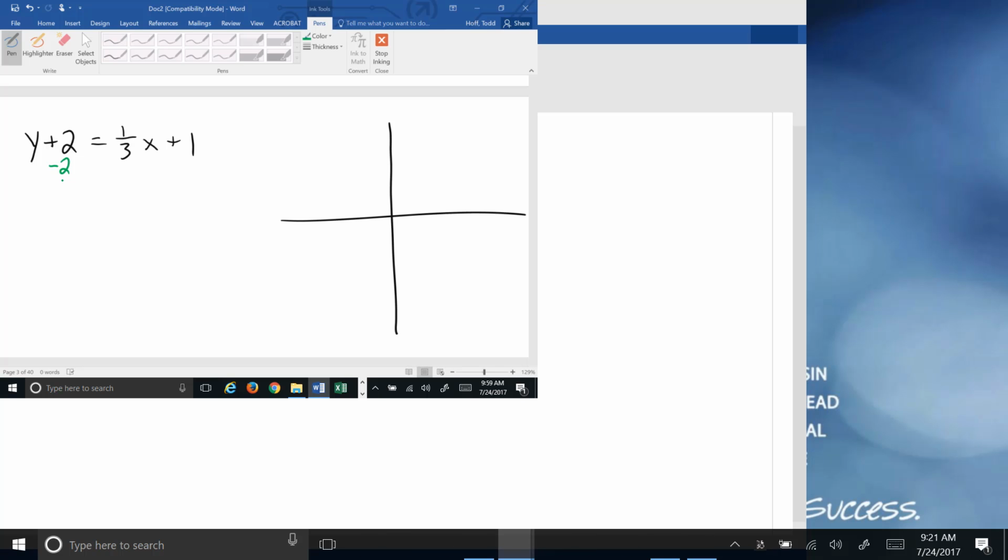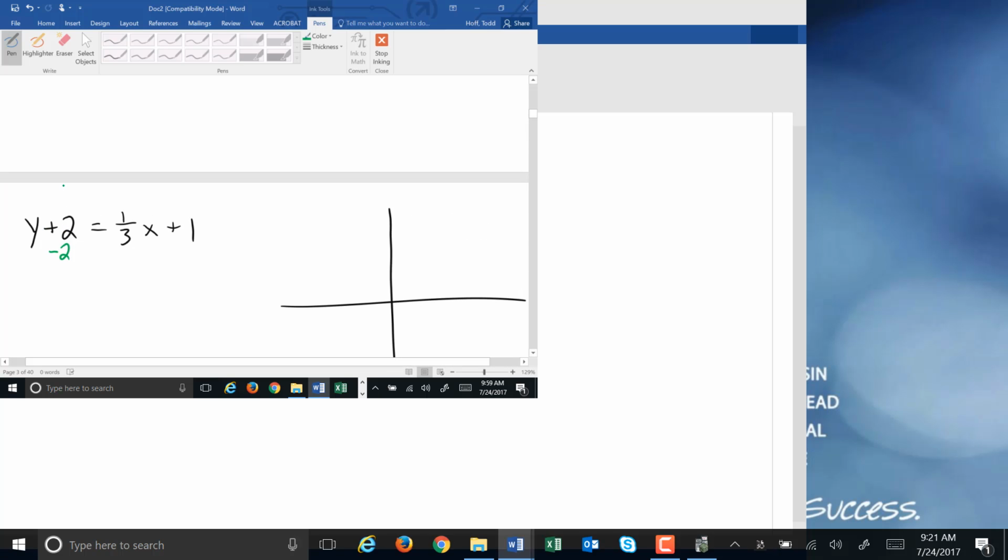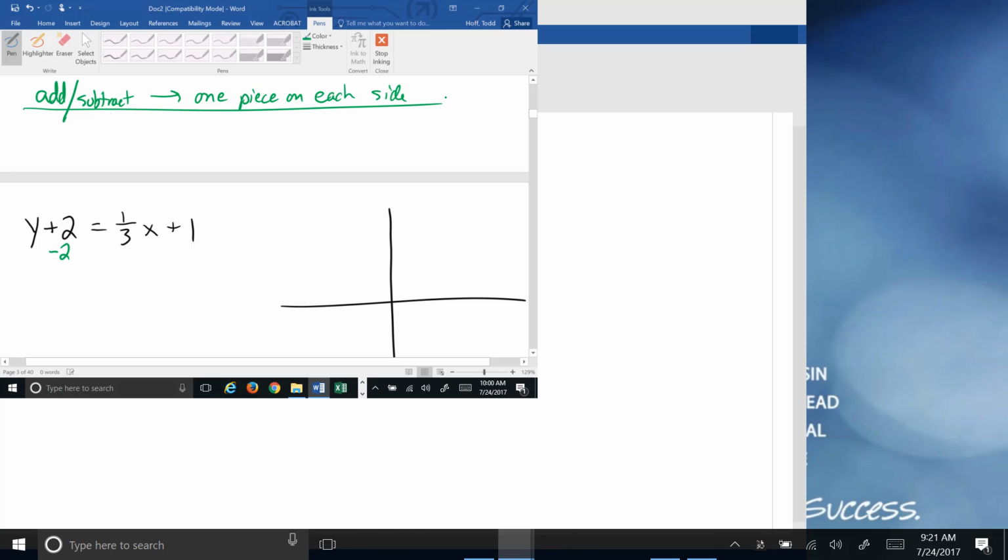Well, when we add or subtract in an equation, we have to do it to one piece on each side of an equation. So I subtracted 2 over here, made that 2 go away, leaves me with y.